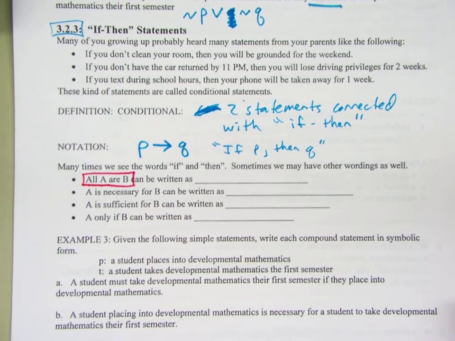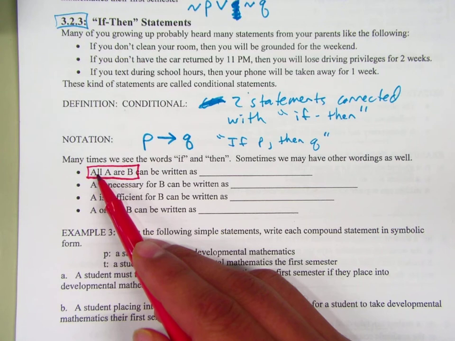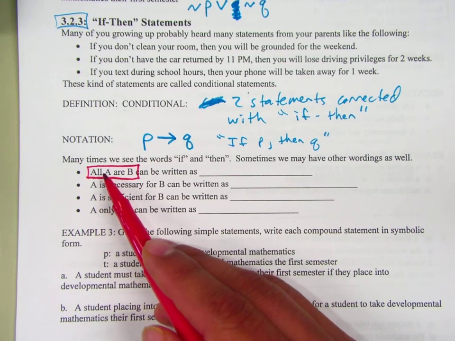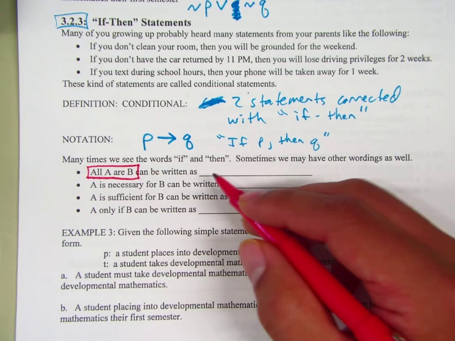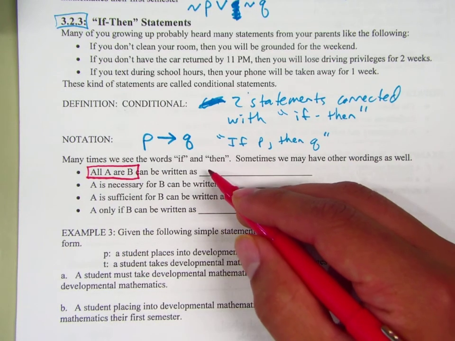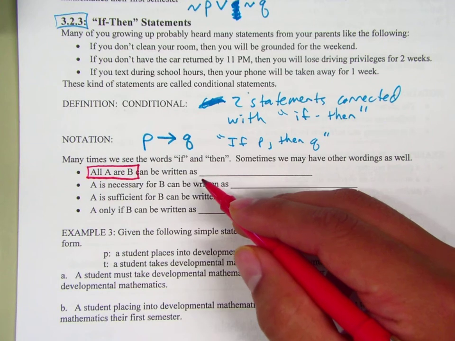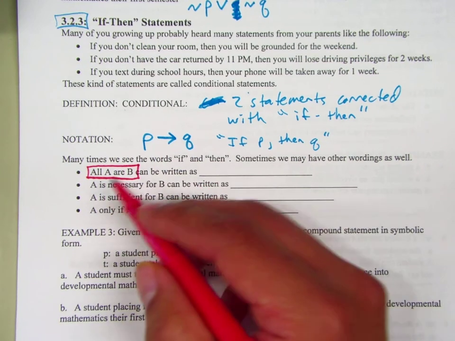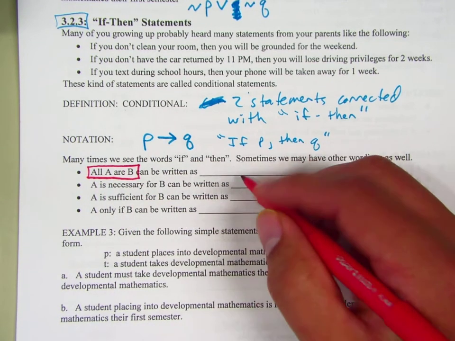So, for example, all dogs have 4 legs, right? That is the same thing as saying if you are a dog, then you must have what? 4 legs. Okay, so all something is something else is the same as an if-then statement.